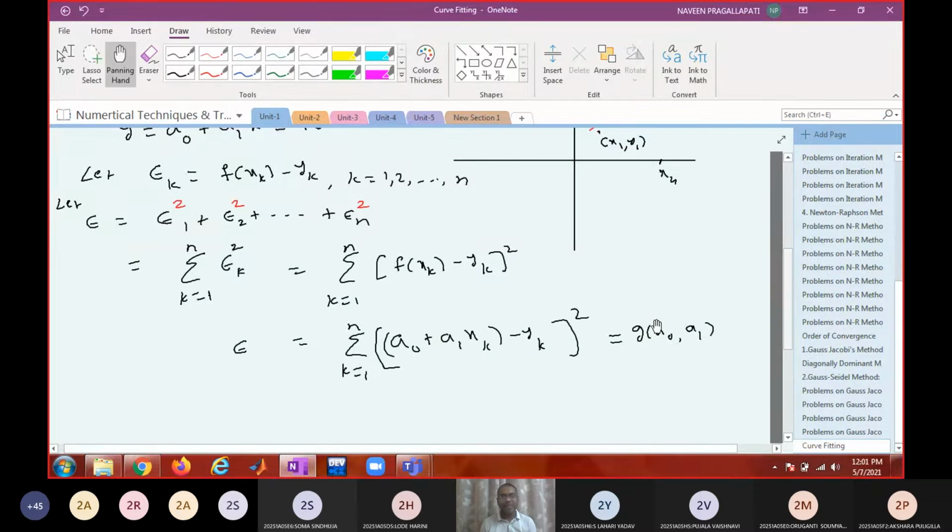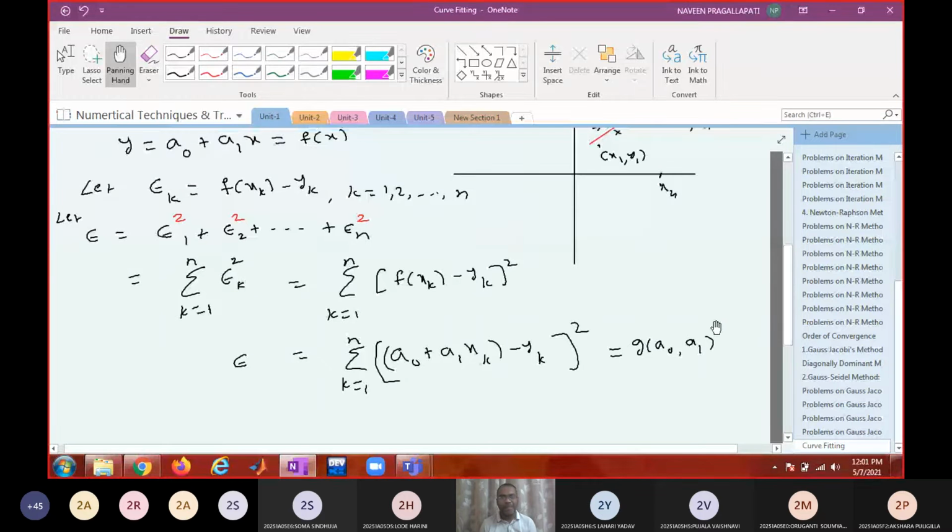That means we want to minimize the function g, and this is a function of two variables. You know the method of finding the extreme point for a function of two variables; we have seen it in the previous semester. Agreed or not? How do you find stationary points for f of x comma y? Do you remember? How did we find stationary points?